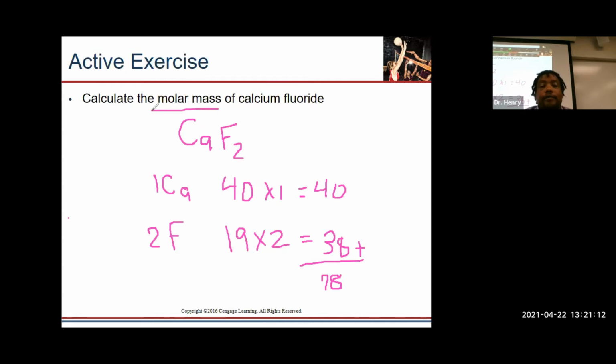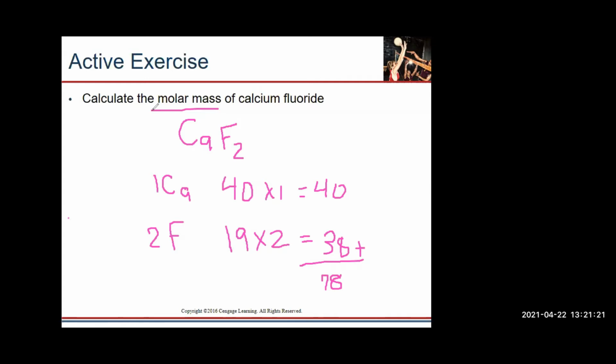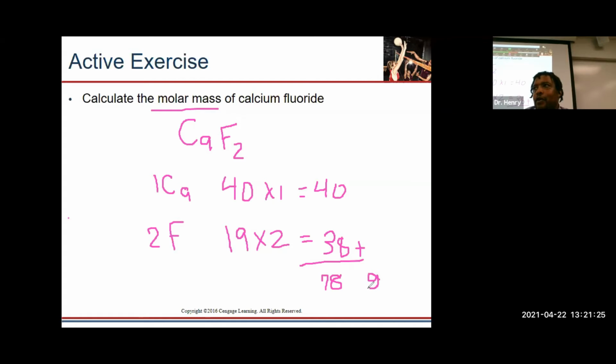Oh, molar mass. So then what would be the units? Is it grams per mole? Grams per mole, that is correct, because grams are going to be our mass units and a mole is going to be the molar unit, right? So if you're asked for molar mass, you know you're going to be giving me units of grams per mole.